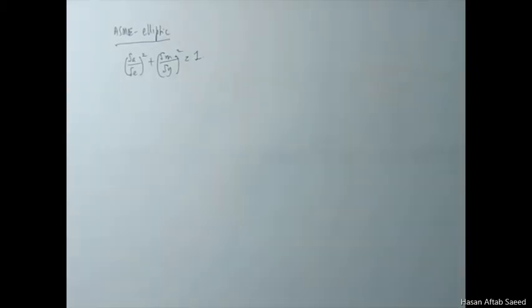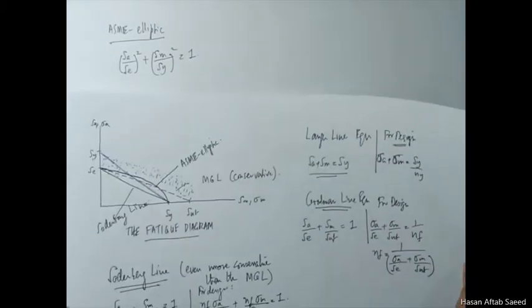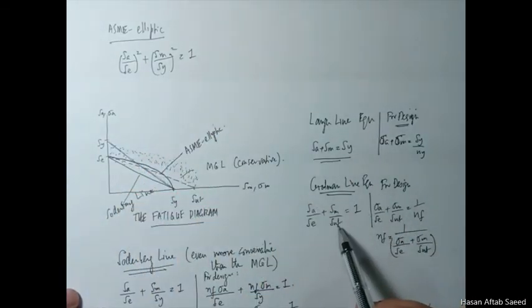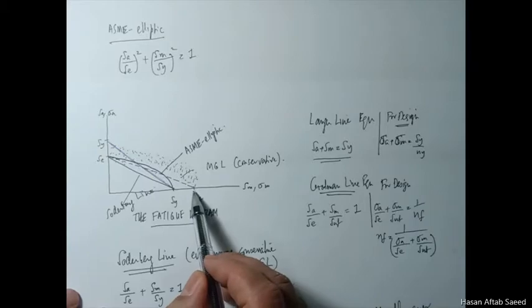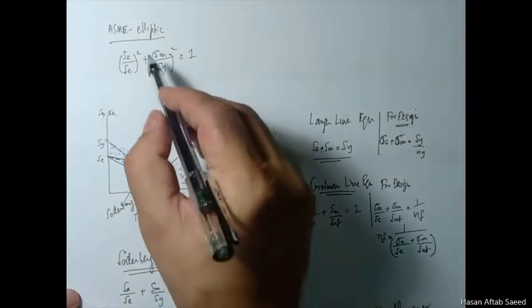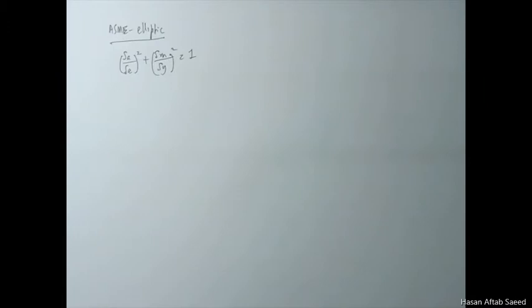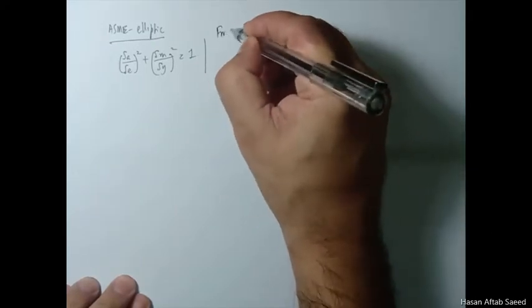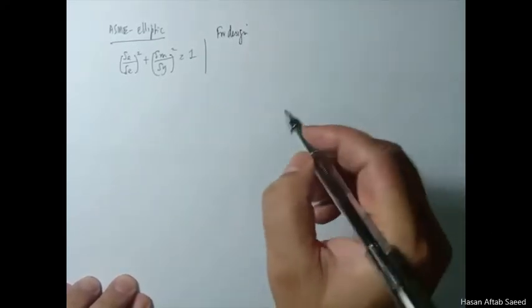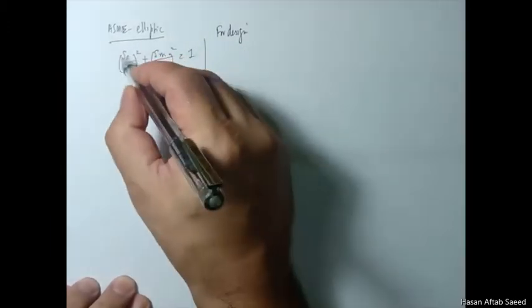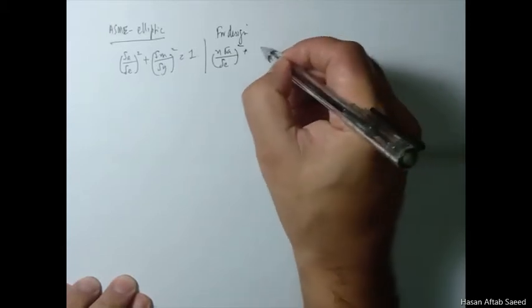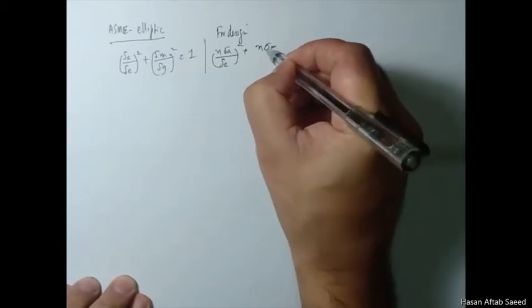We are again using the same quantities as in the Goodman line, where it was SUT and here it is SY, but we have a square on both the quantities. So this is the equation, and for design obviously we need to have the factor of safety incorporated, again replacing SA by n sigma A and SM by n sigma M.